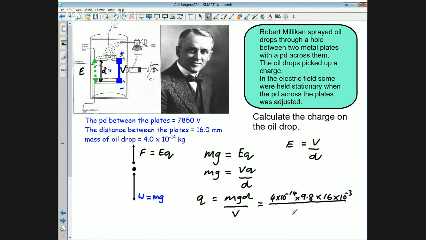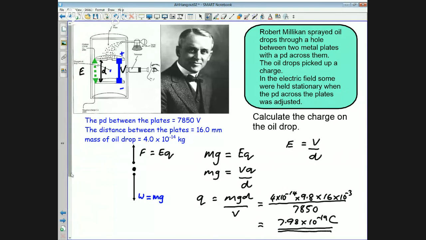The potential difference V is 7,850 volts, which is going to give us, if we do the calculation, about 7.98 times 10 to the minus 19 of a coulomb. So that's the charge on the oil drop.